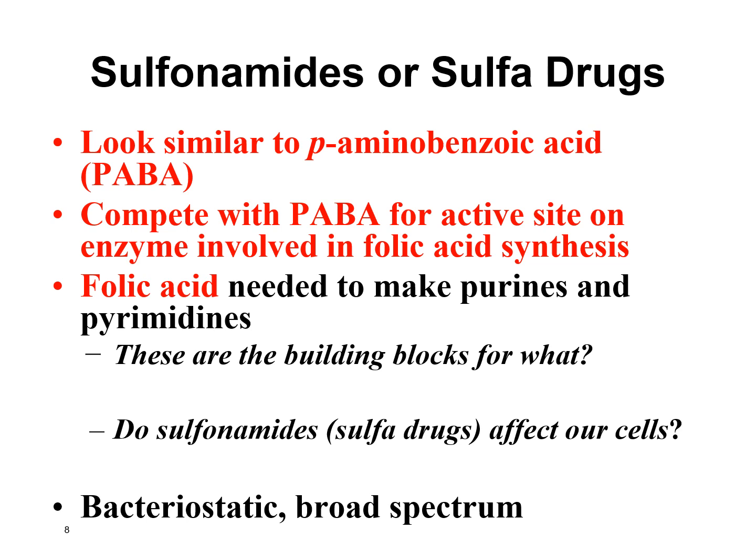All right, so the sulfonamides or sulfa drugs look very similar to the substrate called para-aminobenzoic acid, or PABA for short. The sulfonamides will compete with PABA for the active site on an enzyme that's involved in folic acid synthesis.